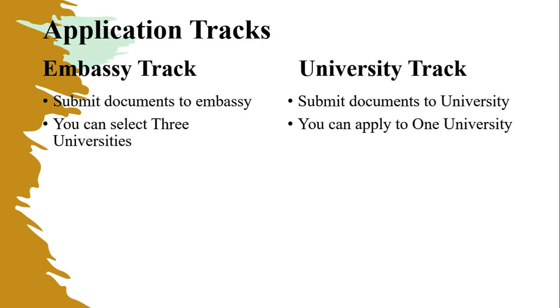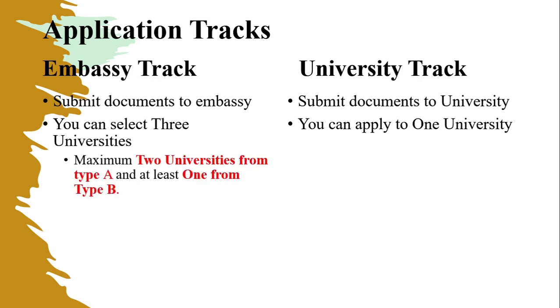For the embassy track, if you want to choose just one, that is also fine, but you have the option to choose 3 universities. And what kind of universities you can choose, I will explain. Maximum 2 universities from type A. There are 2 types of universities. These are not based on ranking. What I feel is that type A universities are near or within the big cities, and type B universities are a little outside the major cities.